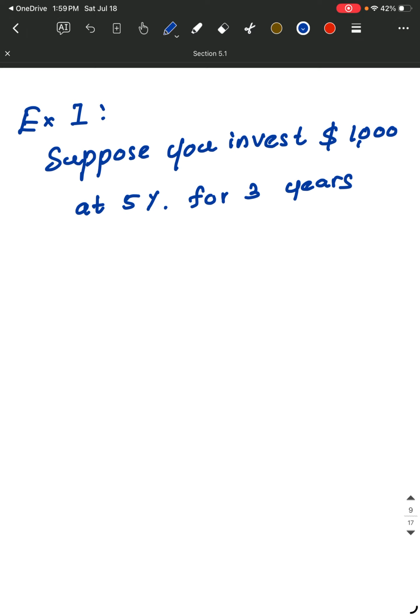So let's see the important details. You invest $1,000. So the principal amount is $1,000 at 5% interest rate. So the 5% means $5 per every $100.